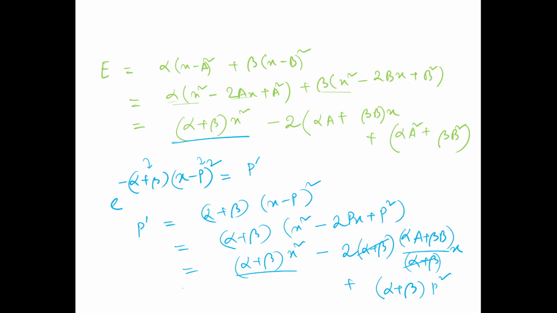So let's write it down: (alpha plus beta) x square minus 2 (alpha a plus beta b) x, and you have this (alpha plus beta) P square, right?